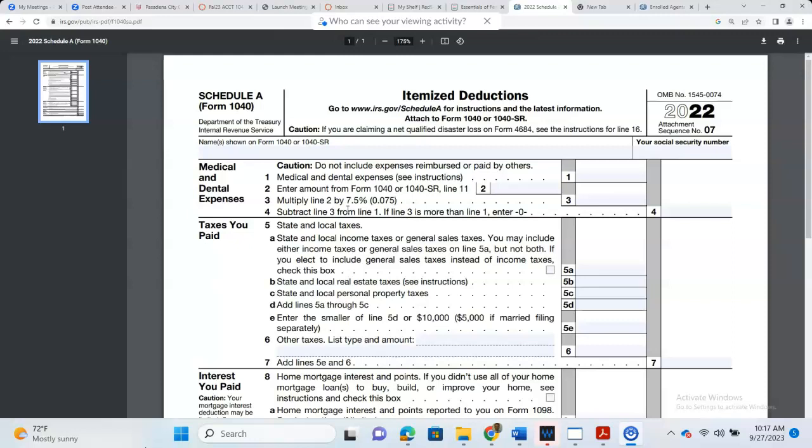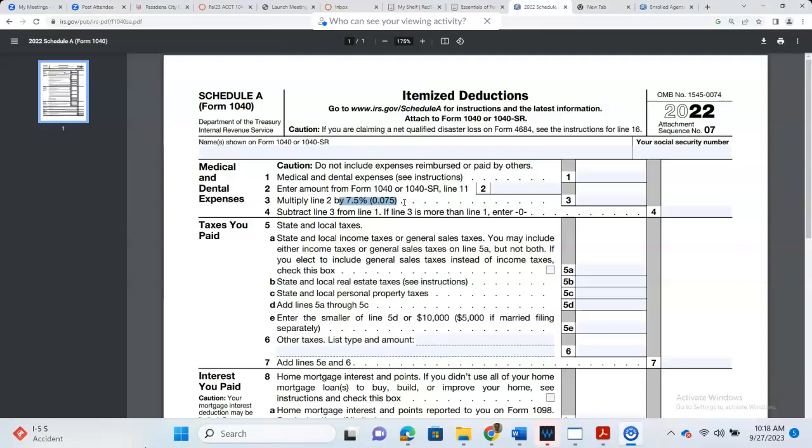Medical expenses in some years might be 10%, but for the last, I believe, 2-3 years, it's back to 7.5% over AGI. So your medical expenses should be above 7.5% of AGI in order to be useful in your itemized deduction. So hopefully you never have a client who uses medical expenses.